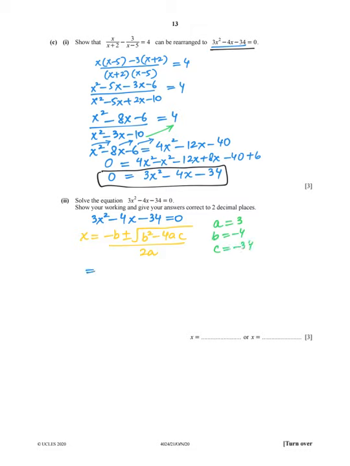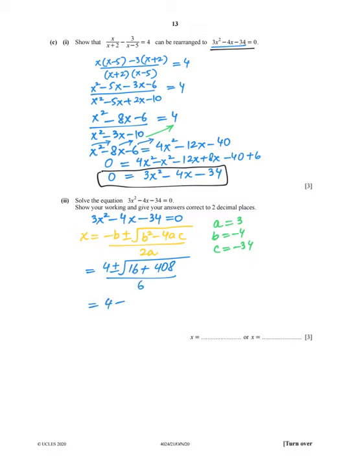So minus b will be positive 4 plus minus under root b square is 16 minus minus plus 4 into a. The value of a is 3. So 4 into a is 12, and 12 times 34 leads to 408. Alright, so it's 408 divided by 2 into a, it's 6.